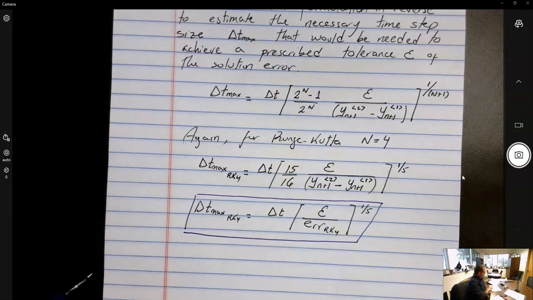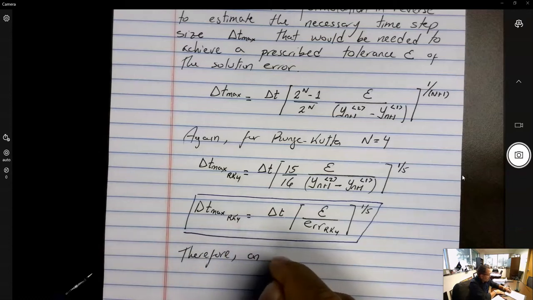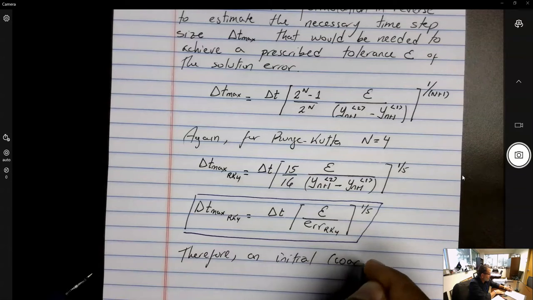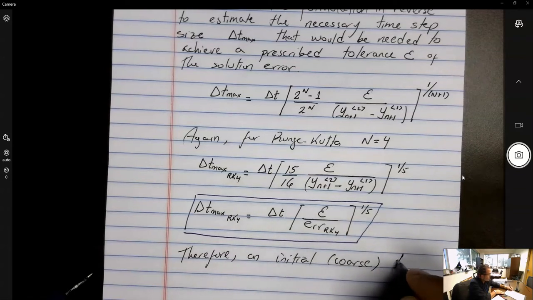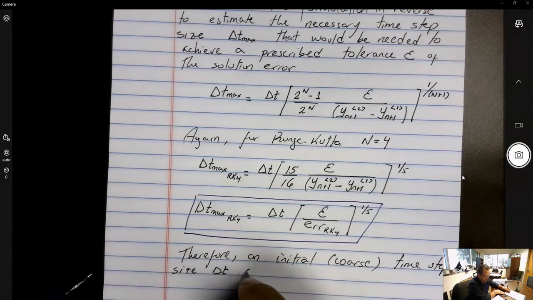So let's go here. Therefore, an initial coarse time step size delta t can be set up.